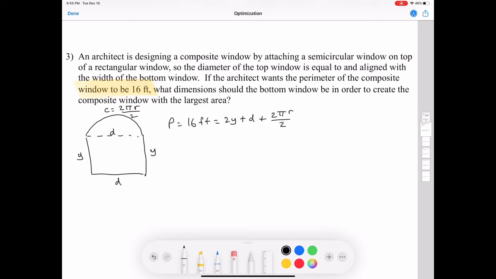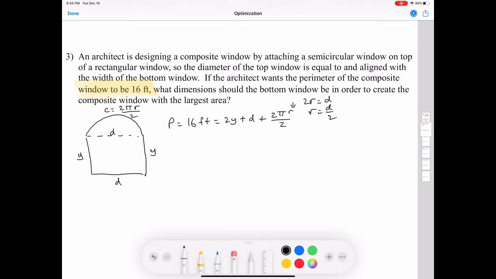Okay, and let's write r in terms of d. 2r is equal to d, so r is equal to d over 2.